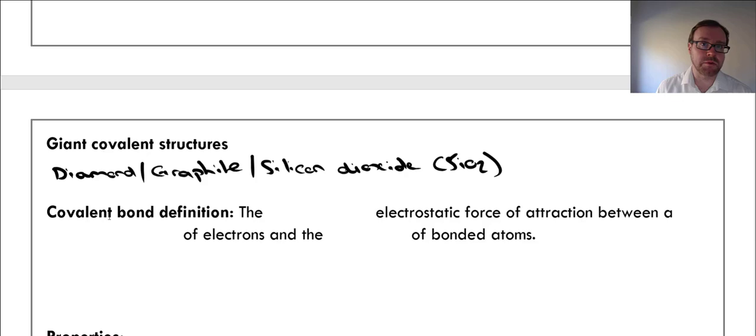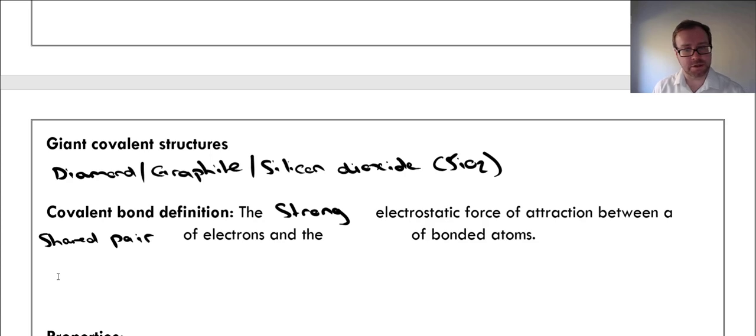Okay, so now we're talking about giant covalent structures. You need to know what type of bonding is in giant covalent structures, and unsurprisingly, there's covalent bonds. Your covalent bond definition is the strong electrostatic force of attraction between a shared pair of electrons and the nuclei of bonded atoms.